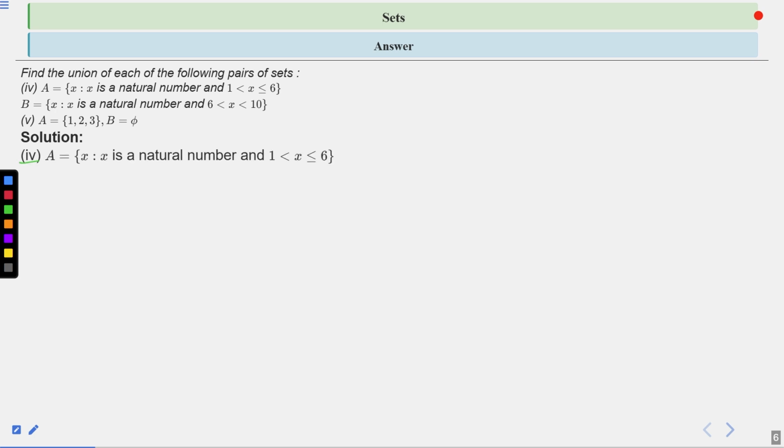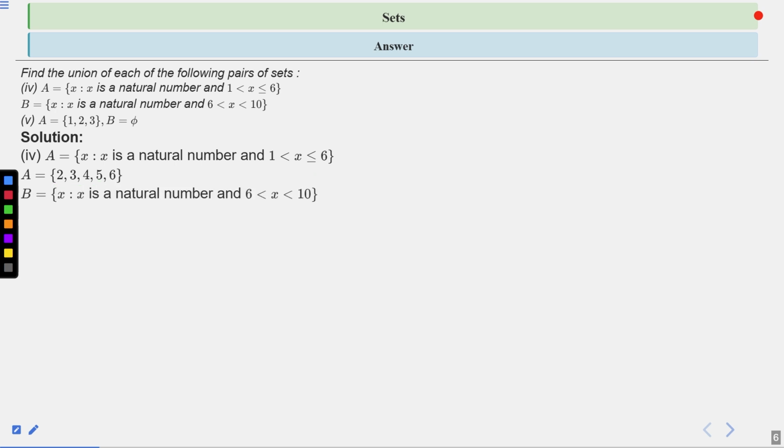So starting with 4, try to convert this set builder form into roster form. What will be its roster form? Very simple. You have to collect natural numbers following this inequality. A will be of this form in roster form: 2, 3, 4, 5, 6. These are all natural numbers satisfying this given inequality.